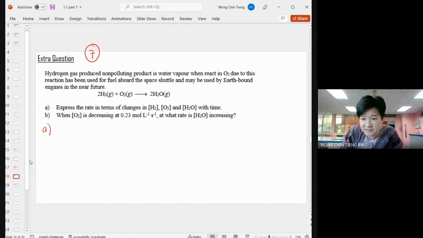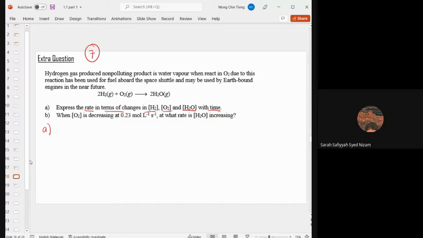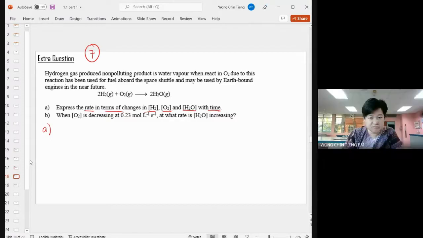Express the rate in terms of changes in hydrogen gas concentration, oxygen gas concentration, water concentration with time. What is it actually asking? Minrul?